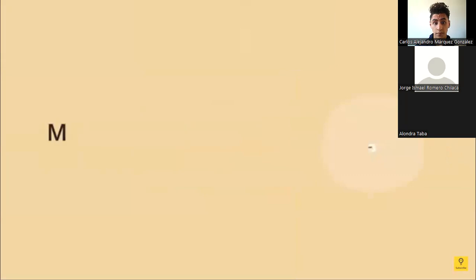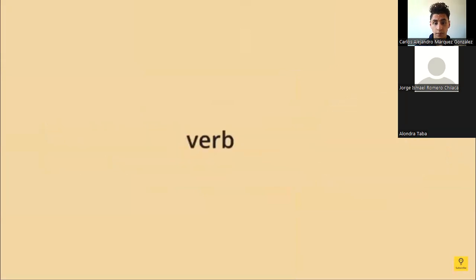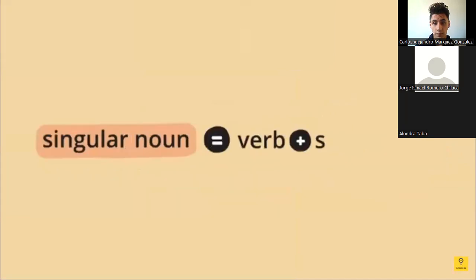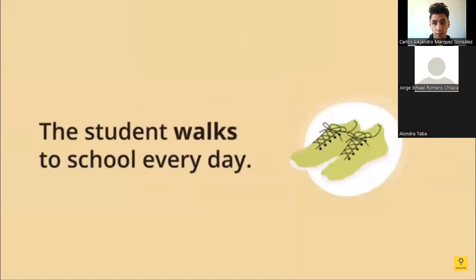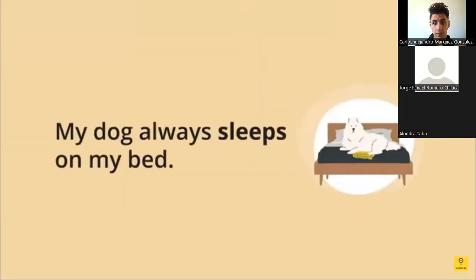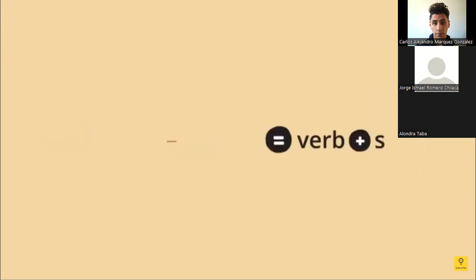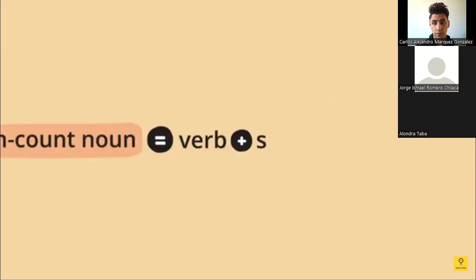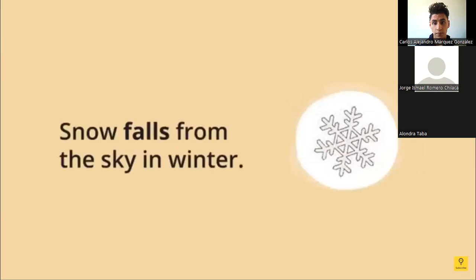My parents drink coffee every morning. We use verb plus S when the subject noun is singular. The student walks to school every day. My dog always sleeps on my bed. We also use verb plus S when the subject noun is non-count. Snow falls from the sky in winter. My hair grows quickly.